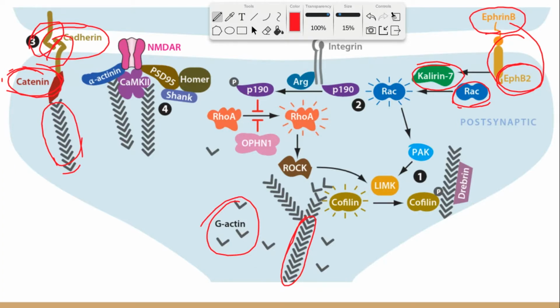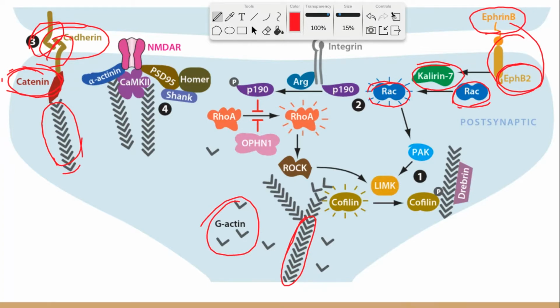And when RAC1 has GTP right here, it can then interact with its effectors. And RAC1 is the mother of all actin remodeling dynamics. And basically, if RAC1 is on, it is going to be promoting spine maturation through F-actin stabilization. So RAC1 is basically synonymous with dendritic spine stability. When you think of RAC1, think of a successful, stable dendritic spine.